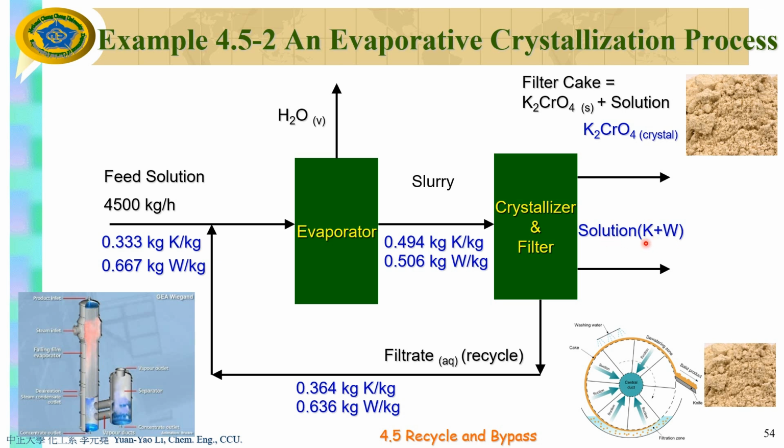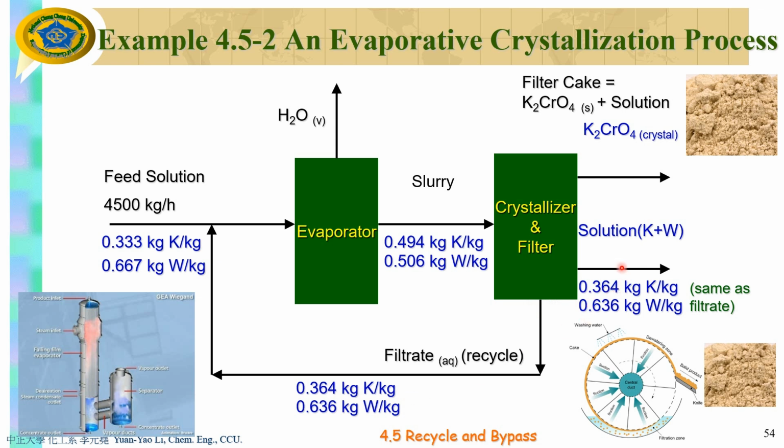So this solution, which is saturated, they tell us this is 36.4% potassium chromate. And please remember, because this is a saturated solution, it is the same as this. So as you can see, the fraction of the potassium chromate in this stream is the same as the fraction of the potassium chromate in this stream, which is 36.4%.